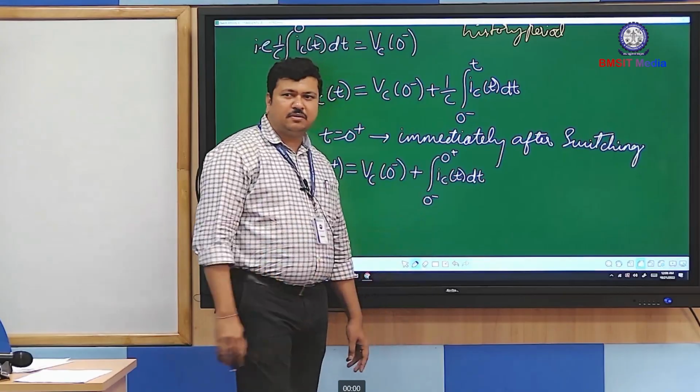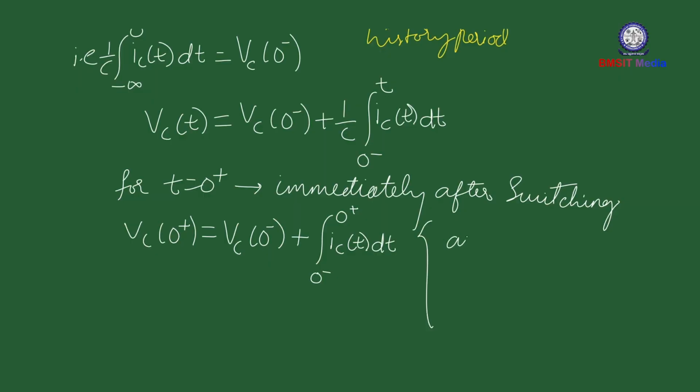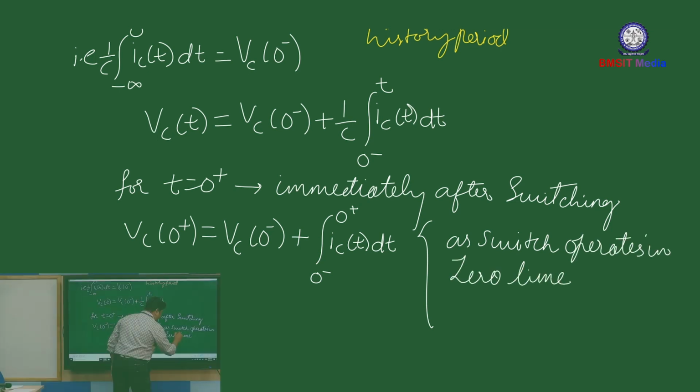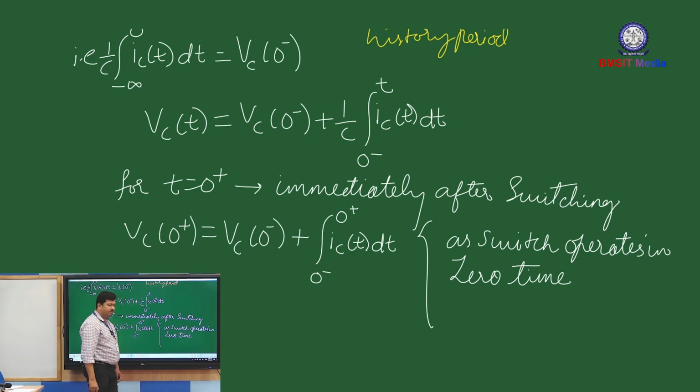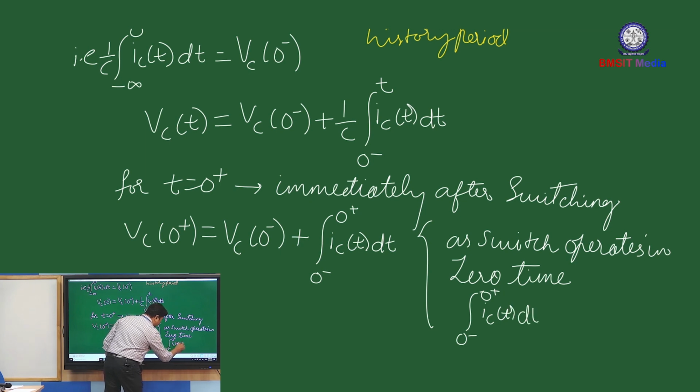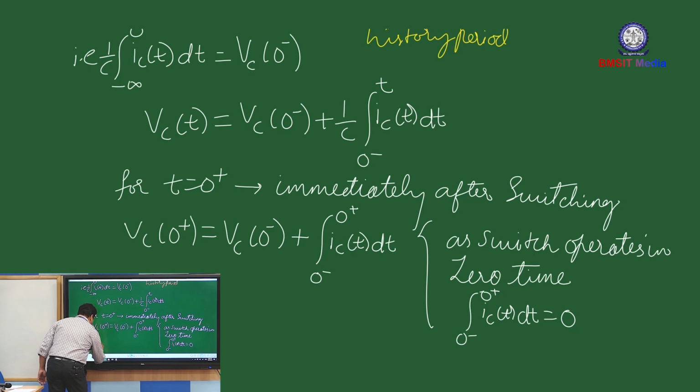Hence, my second integral becomes 0. As the switch operates in 0 time, integration from 0 minus to 0 plus of IC of t dt is equal to 0. So therefore Vc of 0 plus is equal to Vc of 0 minus.